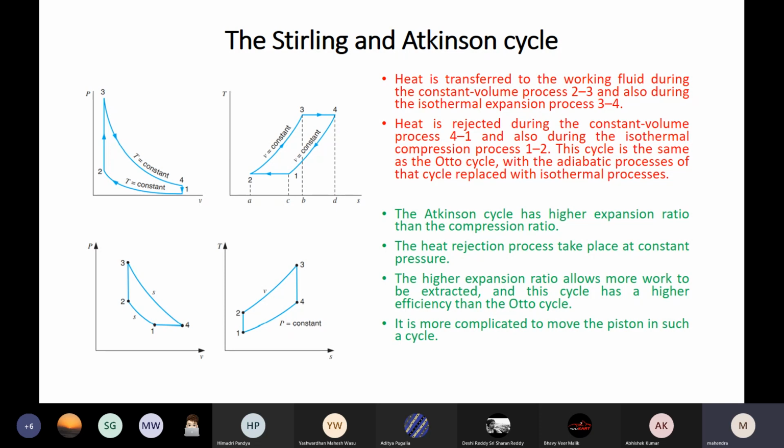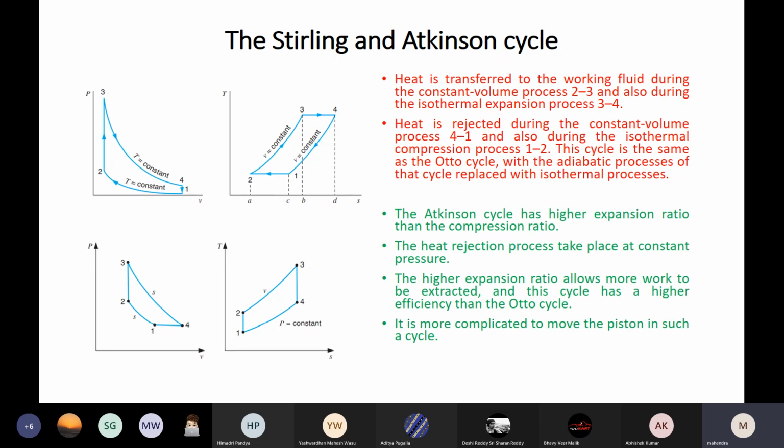Here heat addition is at constant volume, and heat rejection is again at constant volume. This cycle is the same as your Otto cycle; however, in the Otto cycle these two are isentropic processes, and here they are isothermal processes.